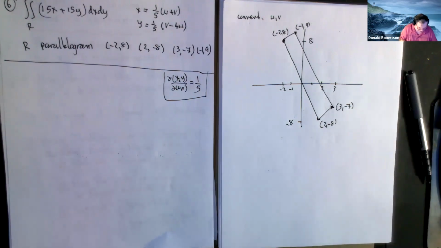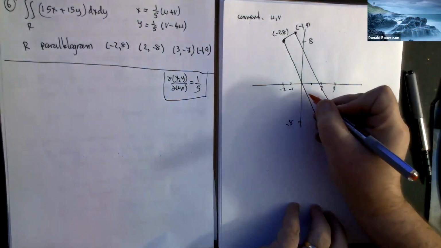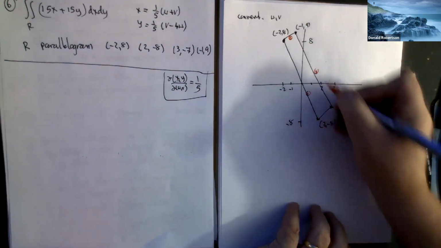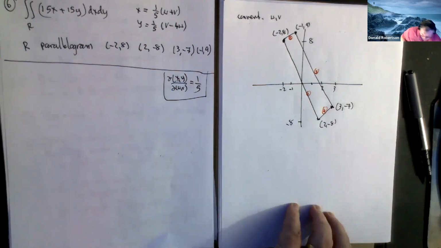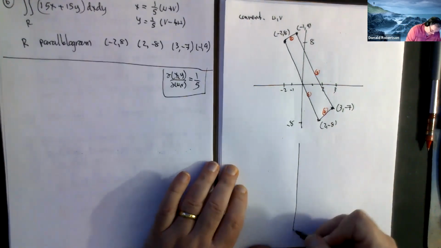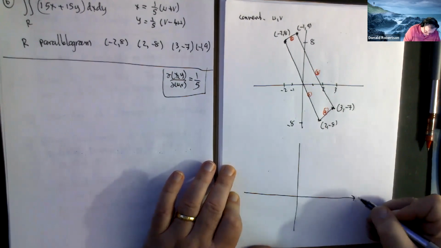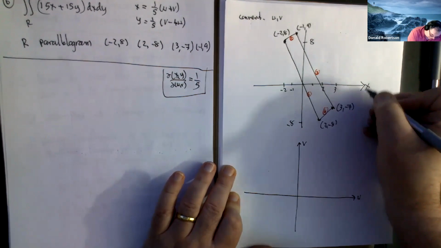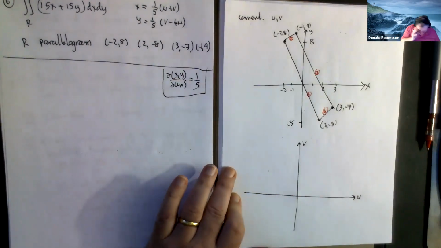This guy is made up of 4 lines. 1, 2, 3, and 4. And we're going to find out what those 4 guys look like when you convert them into UV space. So that's right now XY space.